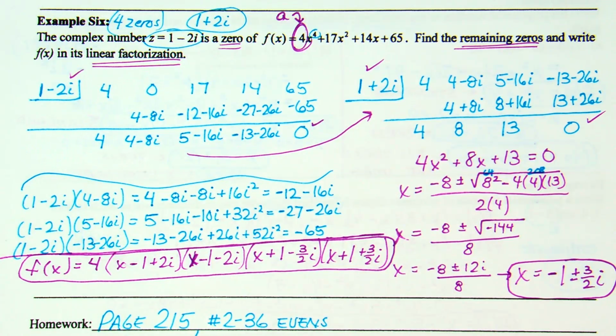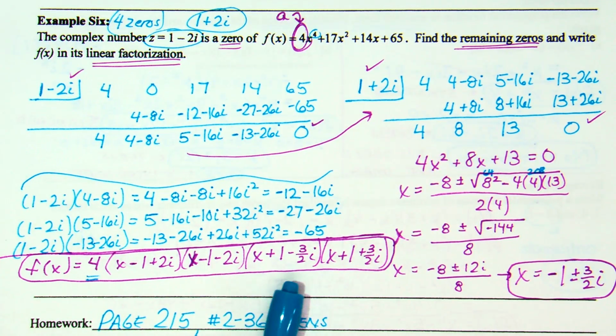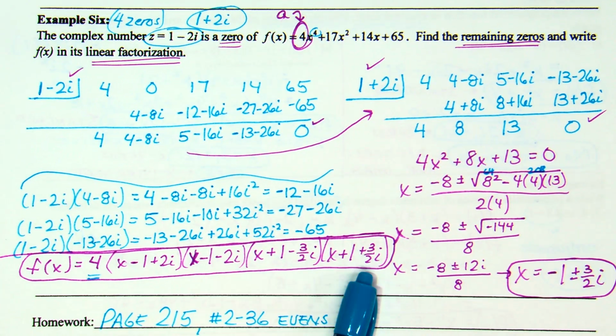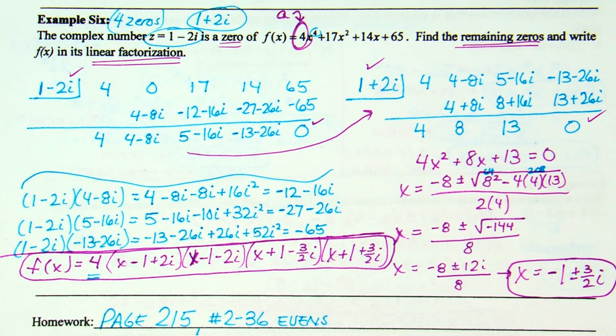And there is, because what do we have out front? We have a 4, yes? And if you look, we have a denominator of 2 here and a denominator of 2 here. 4 can split into 2 times 2, yes?